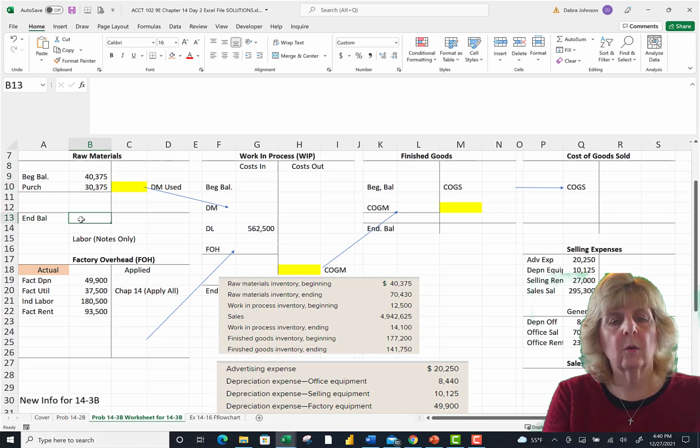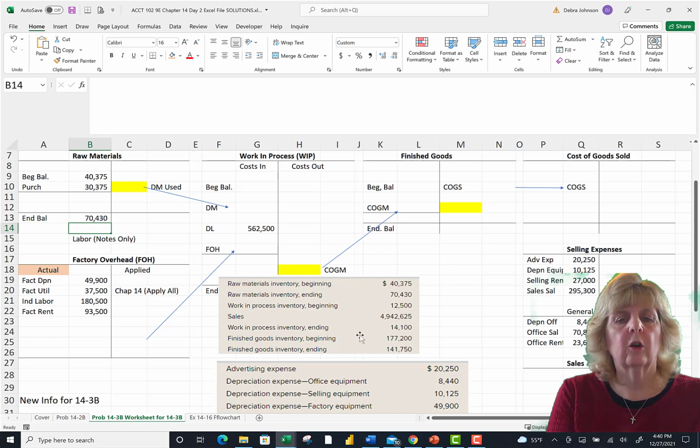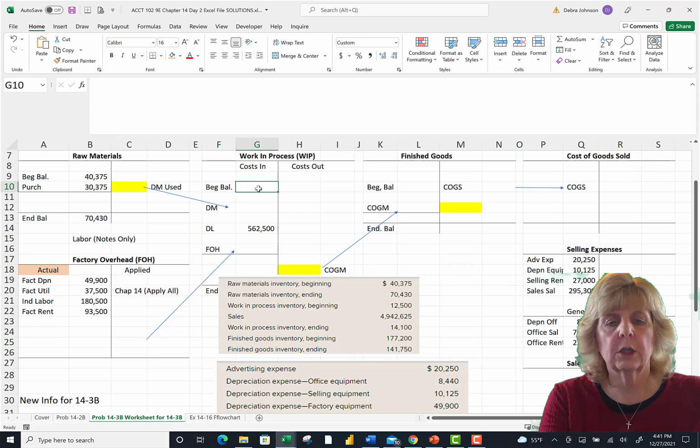The ending raw materials was 70,430. I'm going to go ahead and enter all of these items in, and then I'll go back and do the missing calculations. This brings us to the WIP account, the things that are under construction.